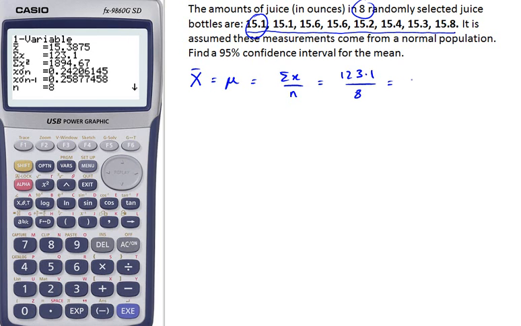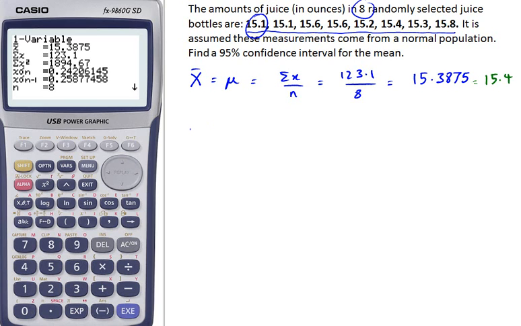But of course our calculator has worked that out for us to be 15.3875. Now if you're required to report on that figure, remember you would round that off to be 15.4. However, the figure we have will be used in our calculation. We won't round off for the calculation.